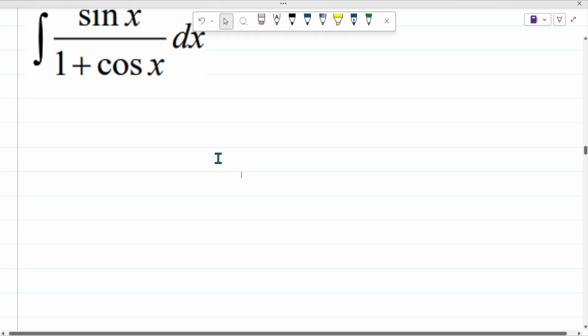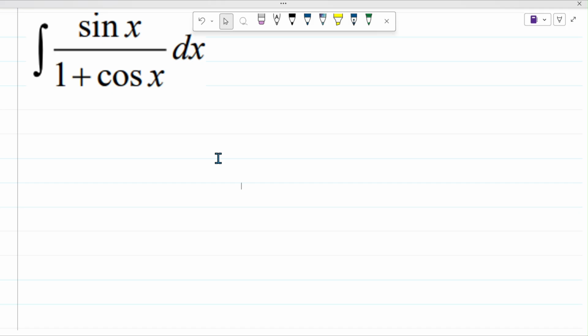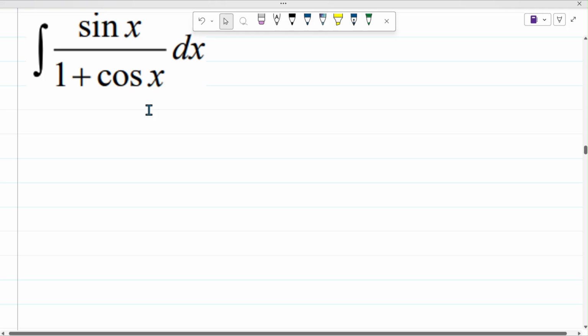It's simple. So here we can see that there is nothing that was differentiated for us to get sine over 1 plus cos. That means we need to do something to this. We need to cook.